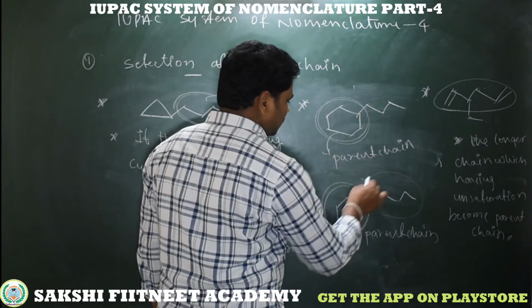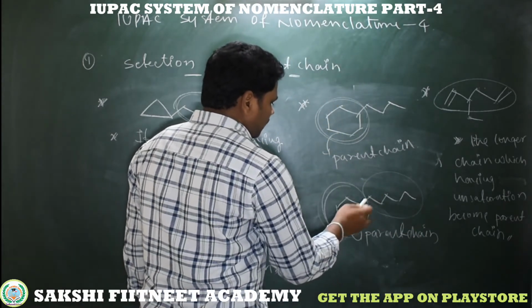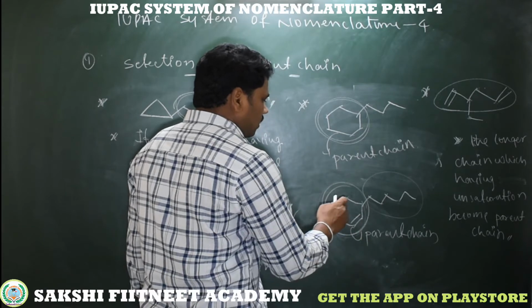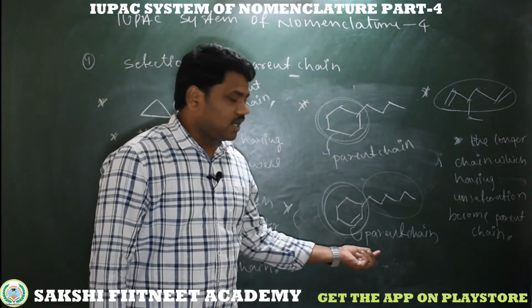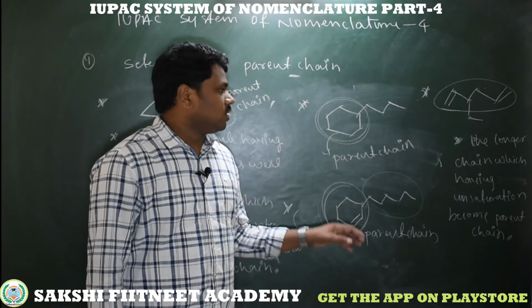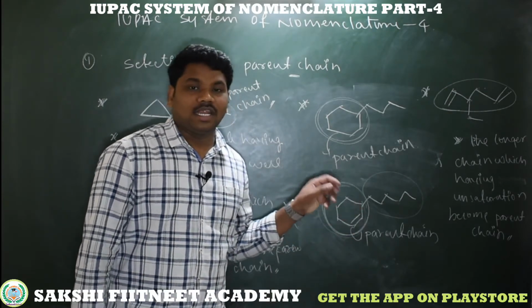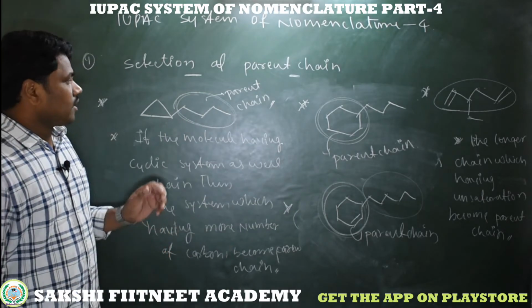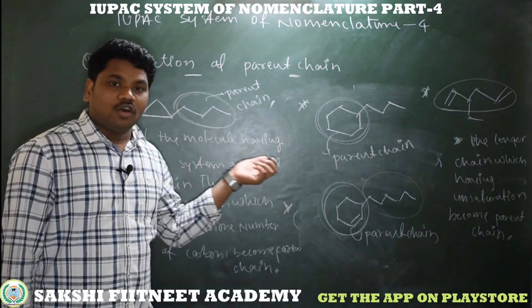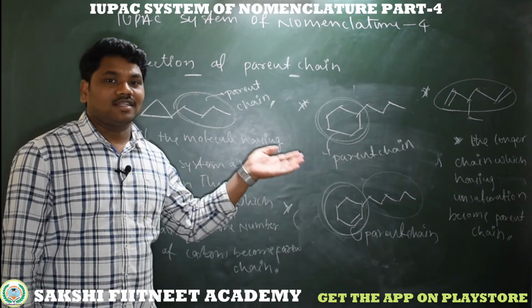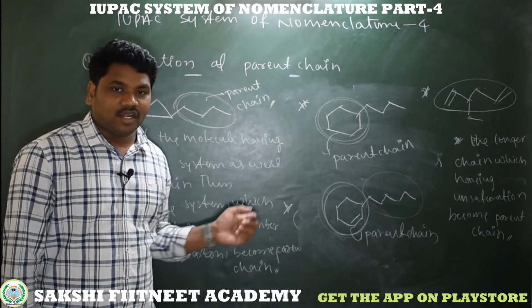Otherwise, here we have 6 and here also 6. If there is no unsaturation, based on the substituents you can consider the parent chain. So these are the common rules to select a parent chain. Simply, the longer chain becomes the parent. If more than one longer chain is there, the one with alkyl substituents becomes the parent chain. If more than one longer chain is there, based on unsaturation, the one with unsaturation becomes the parent chain.